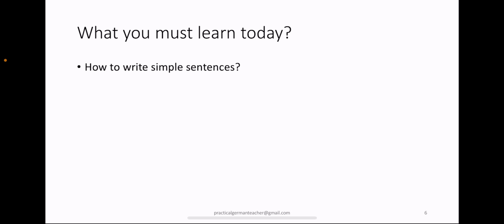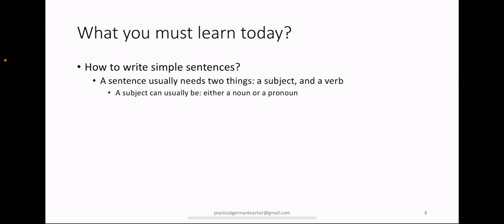Let's start with how to write simple sentences. If you ask me, there are different ways to define a sentence. For the sake of explaining in this session, let's say a sentence usually needs 2 things, a subject and a verb. You might say it also needs an object, but for now let's just do without the object. So we need a subject and a verb.